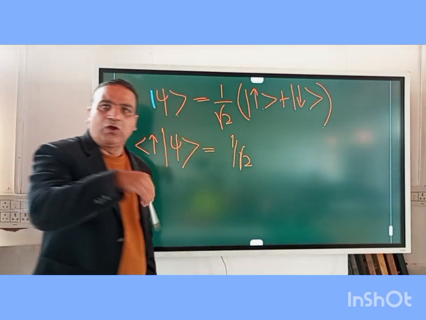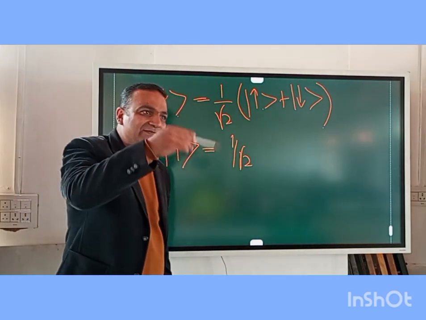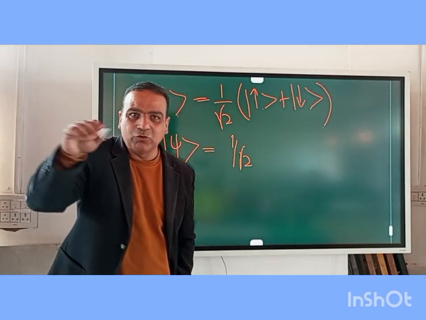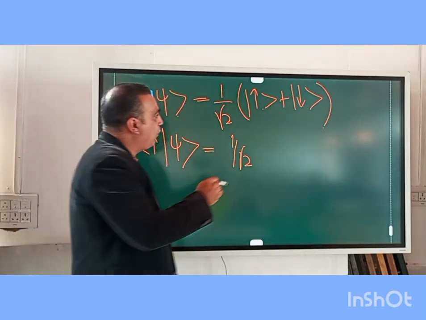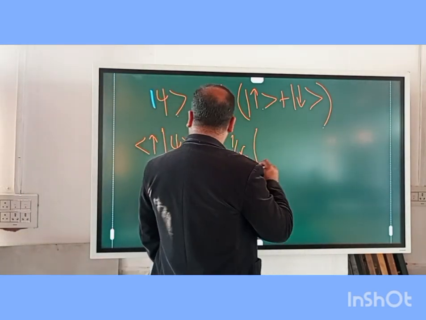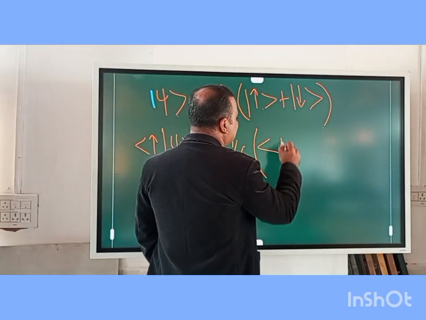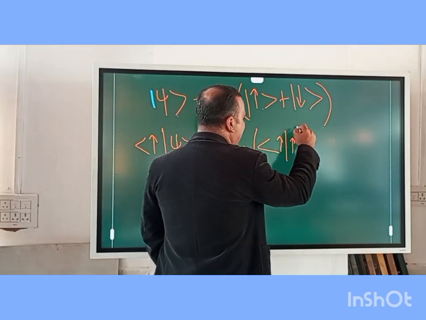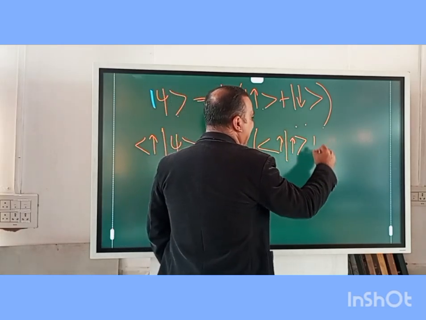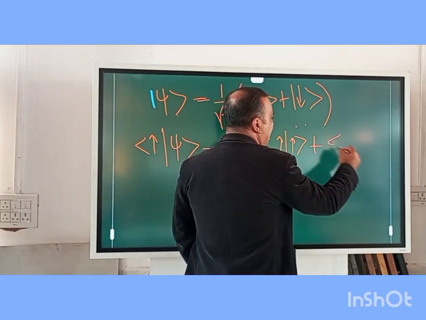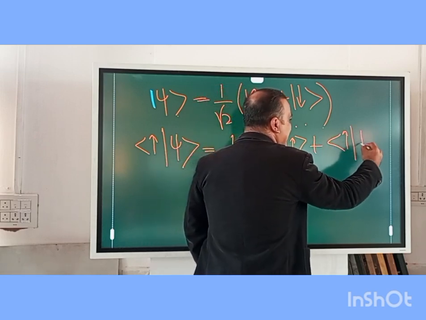This 1 by under root 2 comes out of the normalization. So what you will get here is spin up with spin up, plus spin up with spin down.